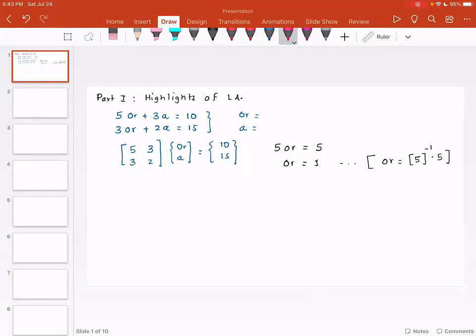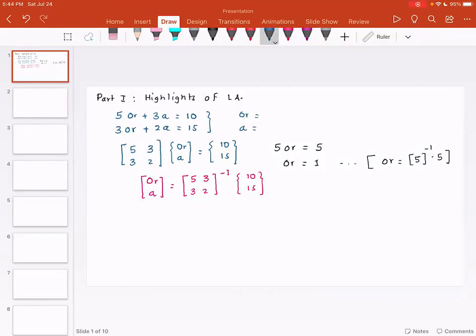We have to do something similar in the case of a matrix. So oranges and apples is equal to, we are going to have the inverse of this matrix. This is no longer a scalar number. Inverse, 10 and 15.